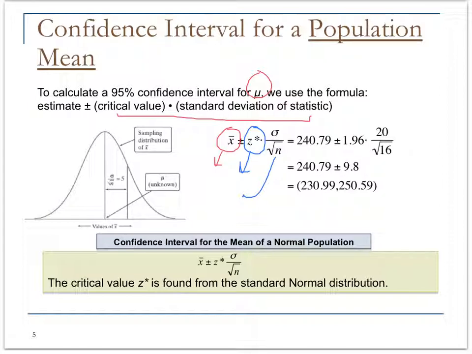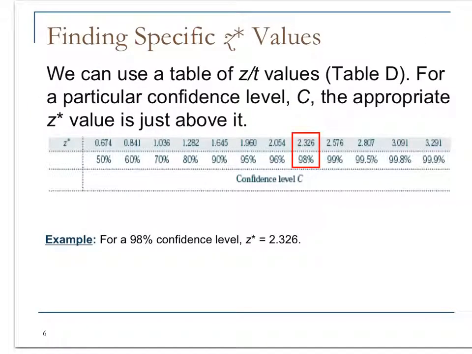So if I were to ask you for a 90% confidence interval, the only thing that would change in this equation would be your z star. If it's a 90% confidence interval or 68% confidence interval, you would just have to change the corresponding z star. So if you were to take out your t table, so this is not the z table now, it's the t table.